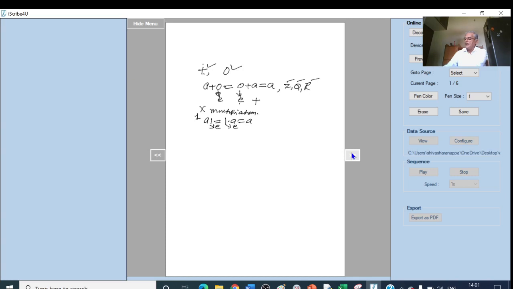In place of E, I have 1. So 1 is the identity with respect to multiplication, and 0 is the identity with respect to addition. This is known as the identity element, and depending on the operation, this identity element changes.